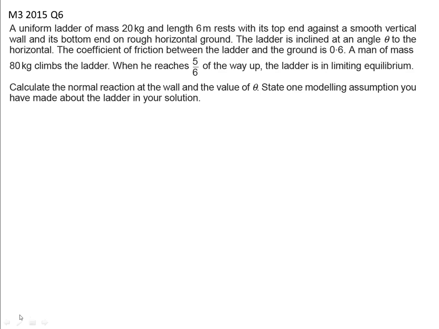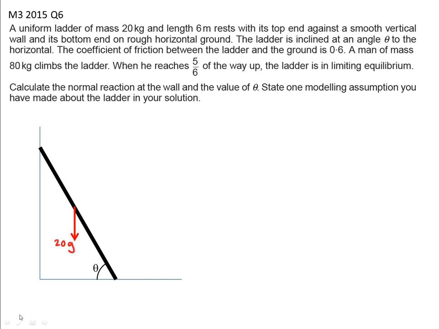So we start by drawing a good, clear force diagram. There's the ladder, and the ladder has a mass of 20 kilograms, so it has a weight of 20g, acting at its midpoint. The man is 5/6 of the way up the ladder, so there's a force of 80g acting down on the ladder 5 metres up the ladder.